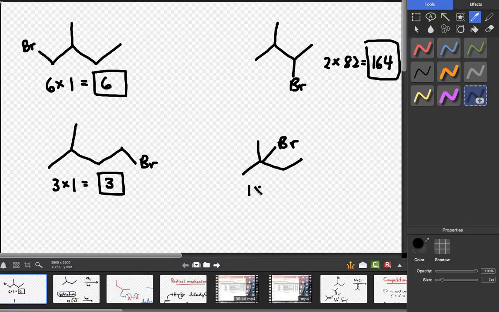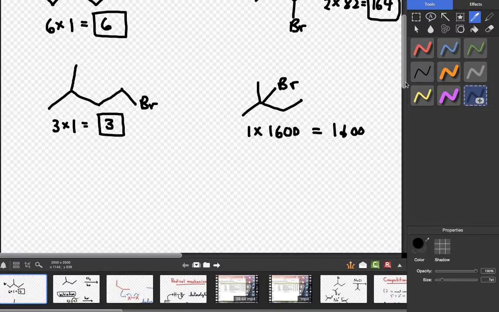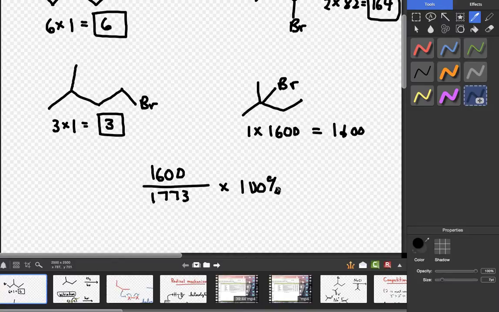This is 1 times 1600. 1600. That means that this tertiary product, 1600 over 1773 times 100%. That is by far and away the major product, not even close.